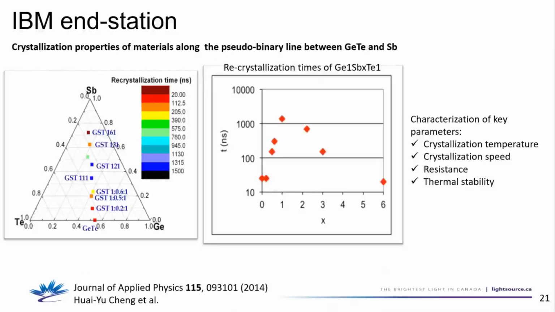They are finding the crystallization speed, which is an important parameter in these materials. They are finding the crystallization temperature, the resistance, the thermal stability. They get a wealth of information. And they found the best concentration of the Sb in this case. So that's the last example I brought about the IBM station.